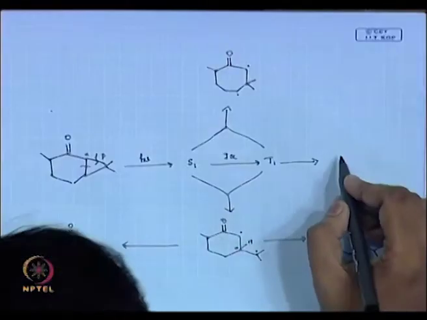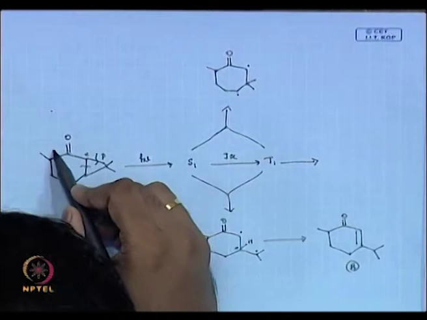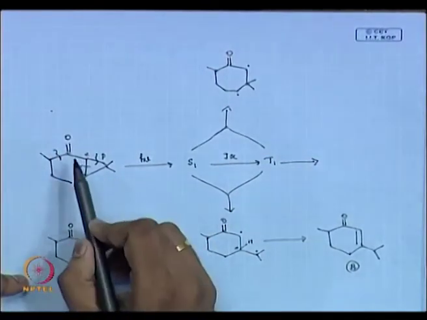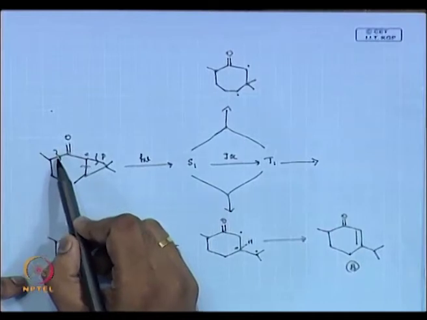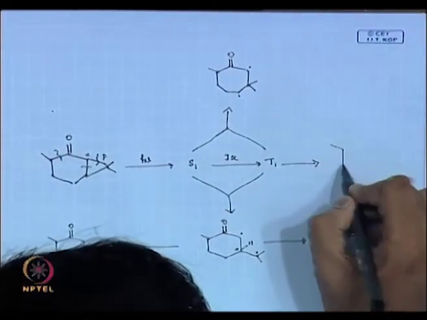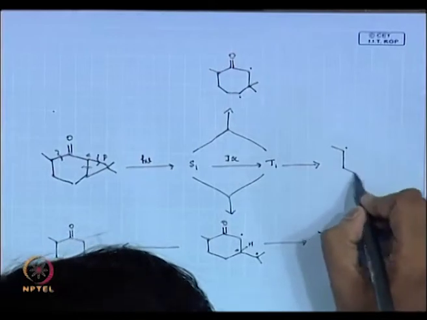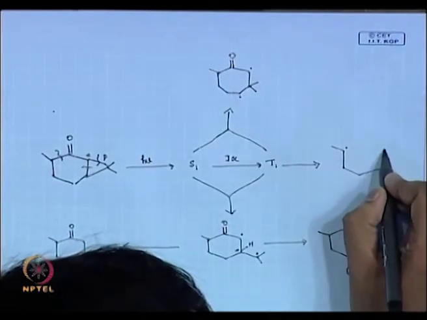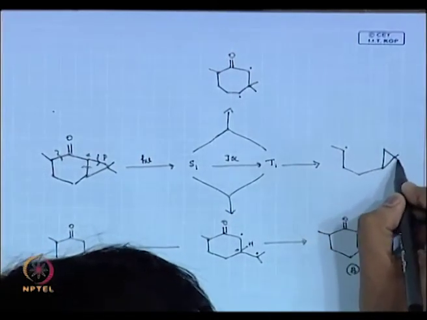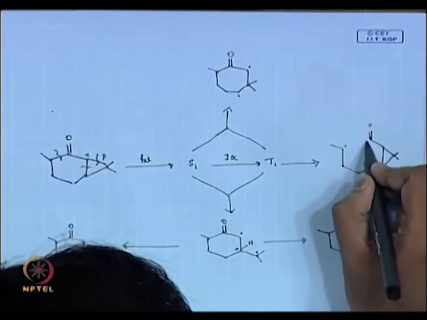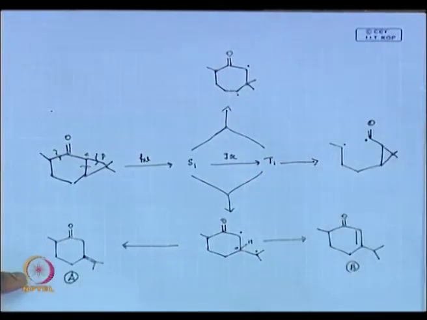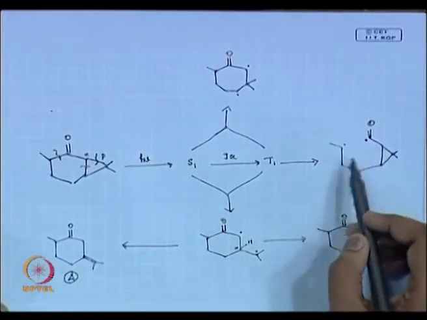So I can do an alpha cleavage here because I know that I cannot do an alpha cleavage in that direction. I can do an alpha cleavage here because I get a stable system like this, and you know pretty well what this does.